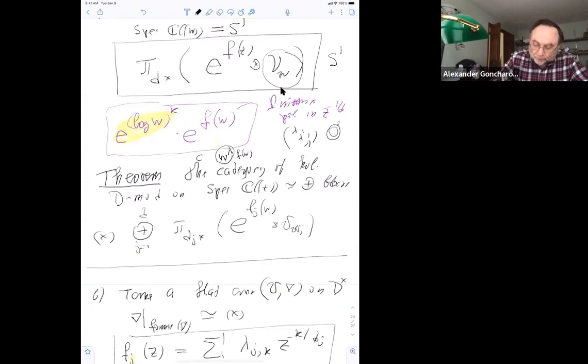It's a local system on a circle which has monodromy calculated from this lambda. And this is a Puiseux series, which is not important when you're doing this topological type. You ignore this completely at first. Then you use this Puiseux series in order to draw the curves. And then you remember about this W to lambda because it tells you what kind of local system you put on this curve.